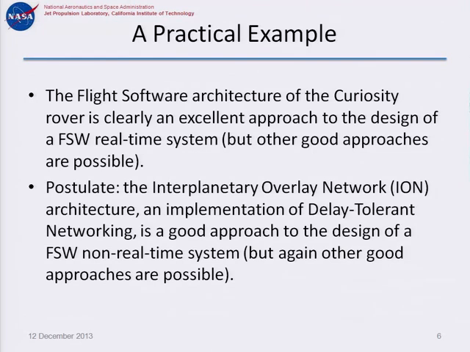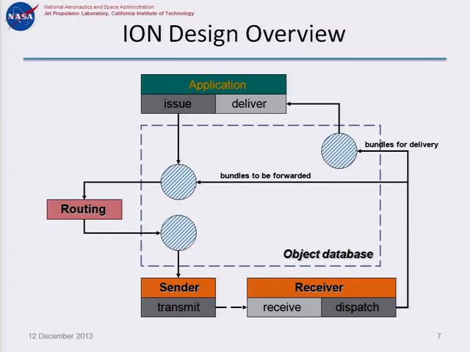I will propose here, just for the sake of argument, that an example of the second system that I'm talking about would be something like the Interplanetary Overlay Network architecture implementation of delay-tolerant networking that JPL has been advancing over the last few years as an approach to the design of a flight software non-real-time system, a background second system. And again, other good approaches are certainly possible, but I'll talk about that one a little bit.